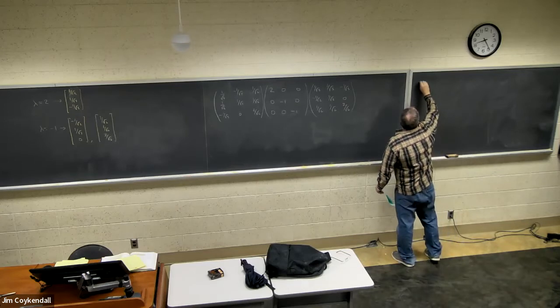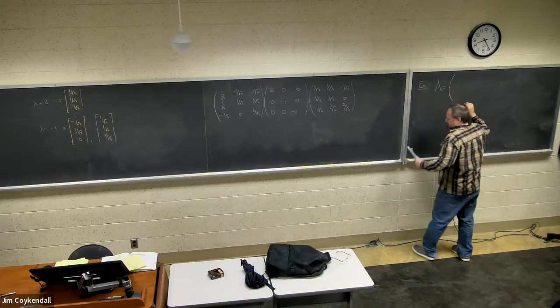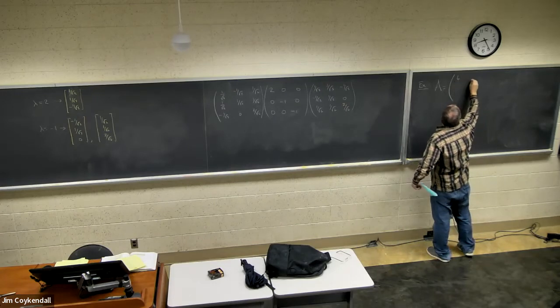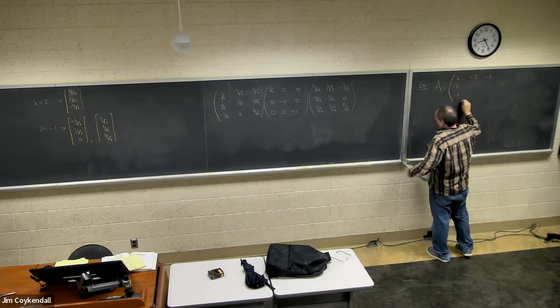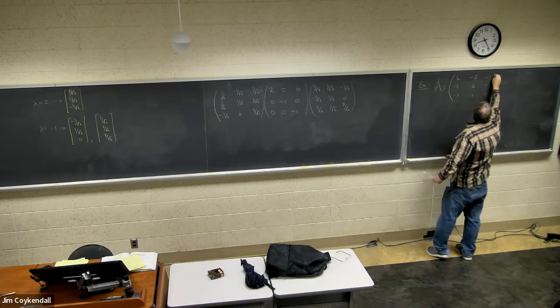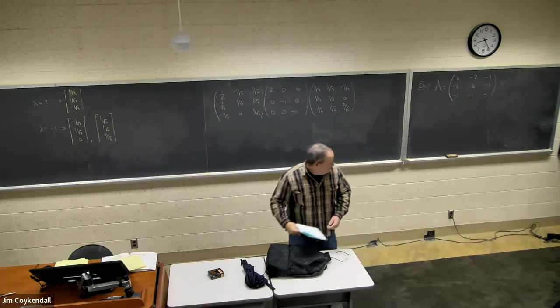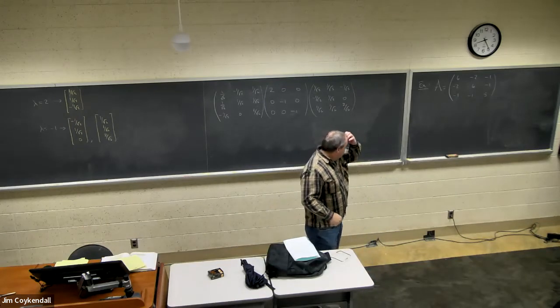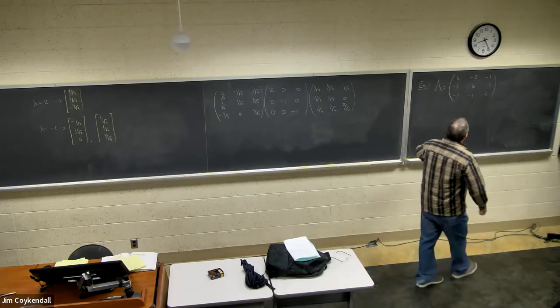So for this example, let A be the following matrix. 6, minus 2, minus 1, 6. This matrix right here, again, is symmetric, right?